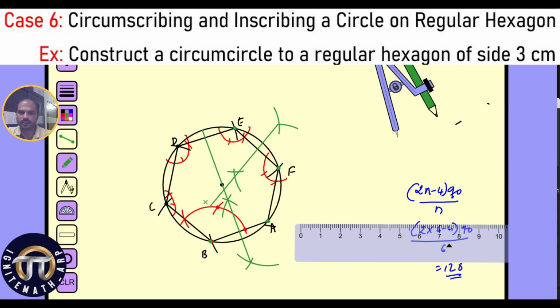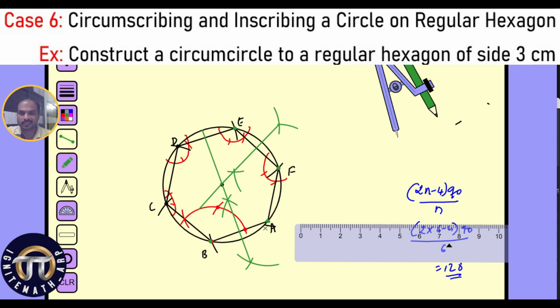Observe carefully, they are exactly meeting at the center of the circle. So this is how you have to show. Clear, children? Basically you have to construct the perpendicular bisectors as well as show the construction of 120 degree at each vertex.